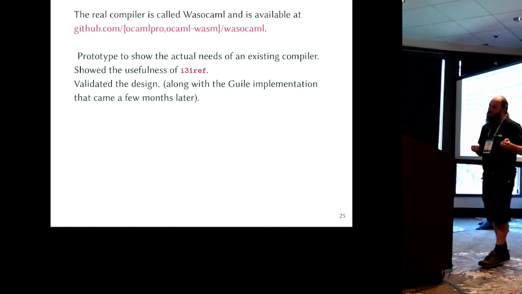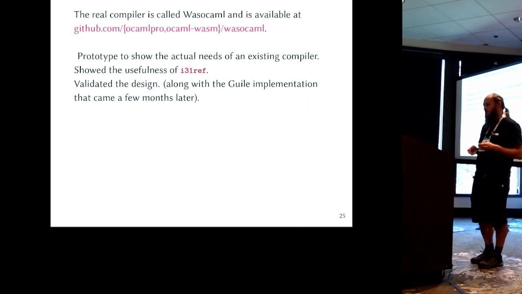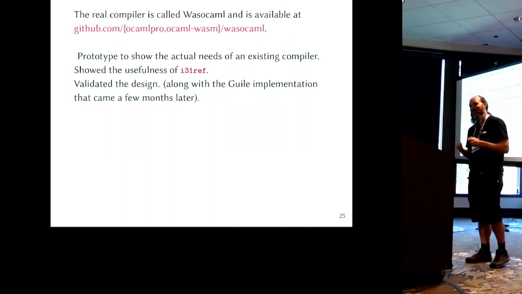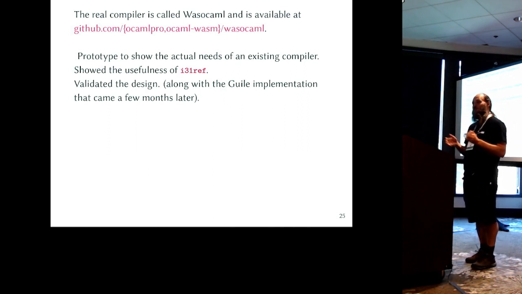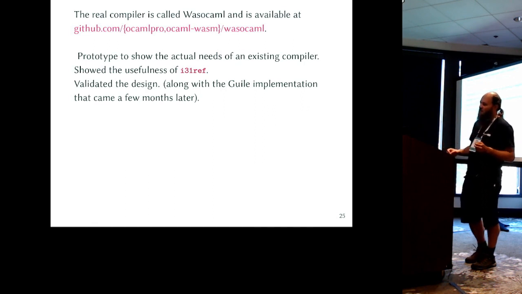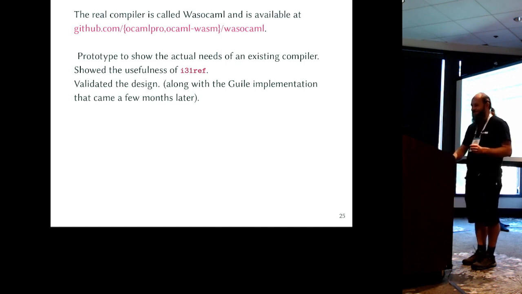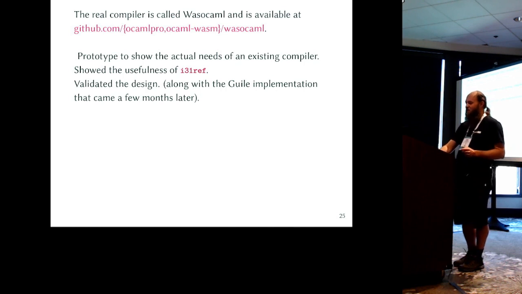Andrès did write a functional language to test the proposal, but he could assume that he designed it for the proposal, so you never know if you can patch that into an actual compiler without destroying everything in there. We showed that i31ref is quite useful, and that was not obvious at that point that it was going to be kept.